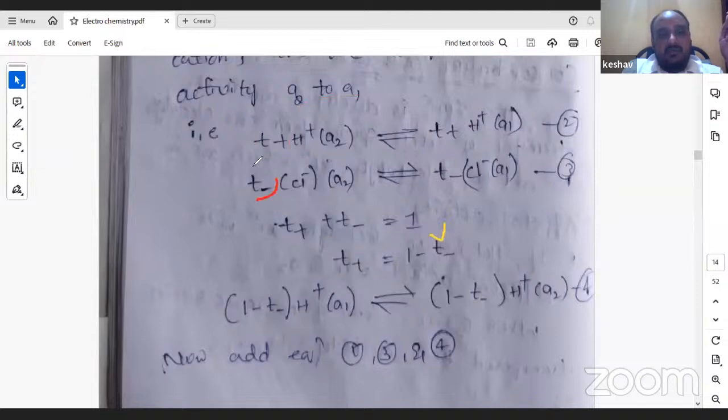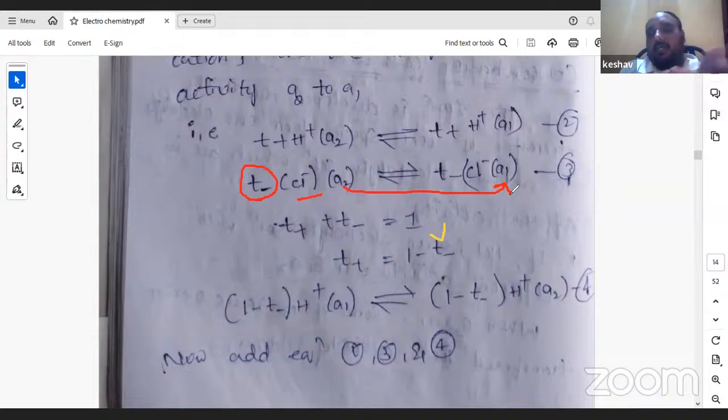The negative ion transport number is T-. T- of Cl- ions are transferred from A2 to A1. How many hydrogens are transferred from one activity to another, that is, from higher activity A2 to lower activity A1?